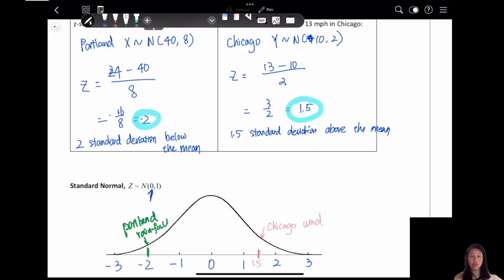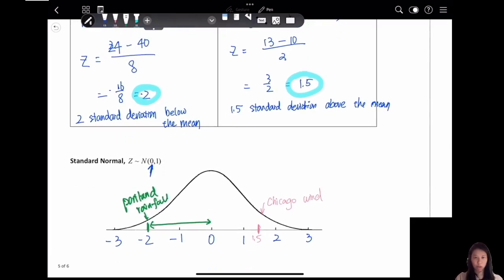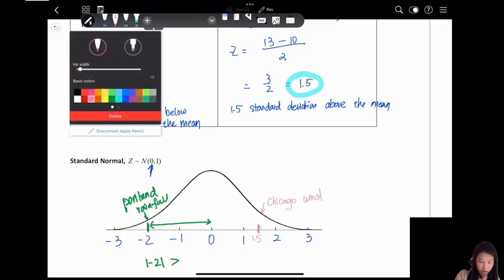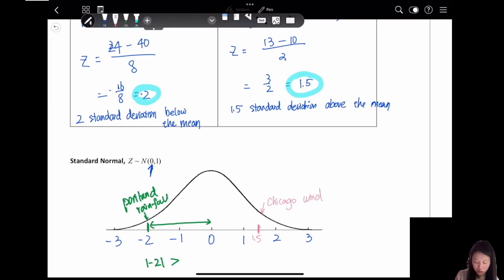So let's see which one is further off. When you compare, we just care about the distance, not the negative sign. So for the Portland rainfall, when we talk about how far off from the center, we're talking about the absolute value. The absolute value of -2 is greater than the Chicago wind speed's, because the absolute value of 1.5 is 1.5.